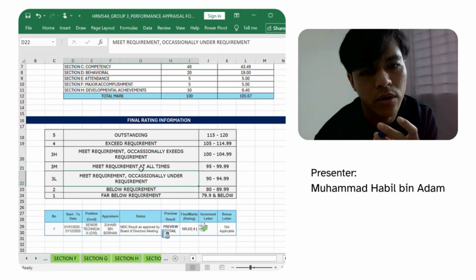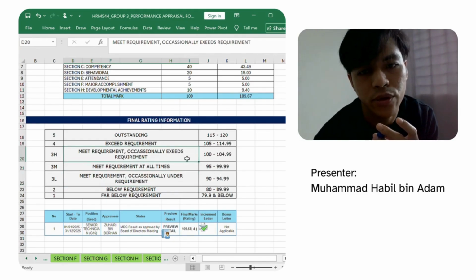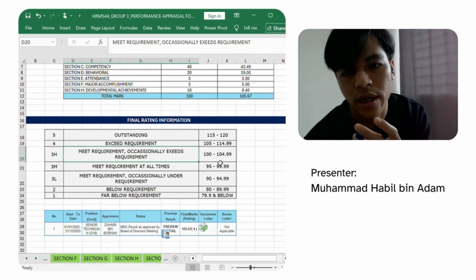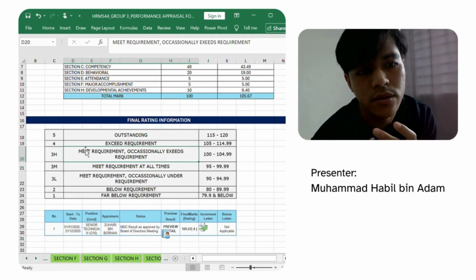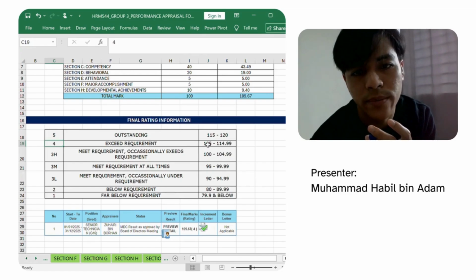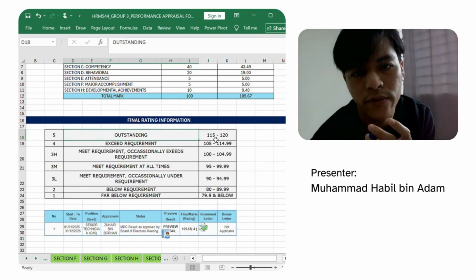Meets requirement at all times, 95 to 99.99. Meets requirement, occasionally exceeds requirement, between 100 and 104.99. Exceeds requirement is between 105 and 114.99, and lastly, rating 5 is outstanding, between 115 and 120.